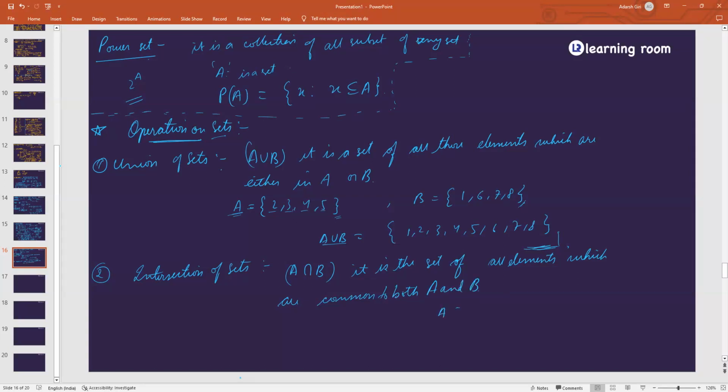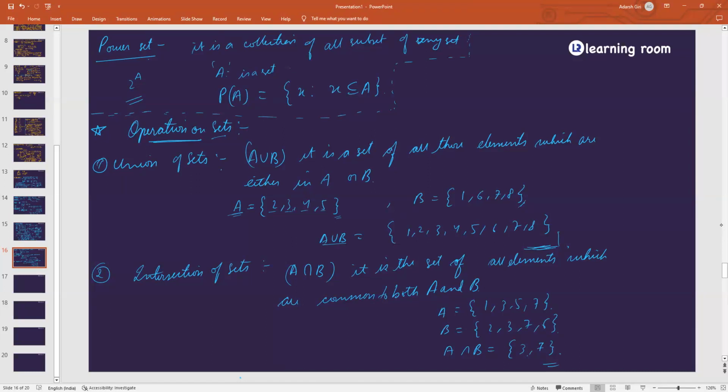For example, if I have a set A: 1, 3, 5, 7, and a set B: 2, 3, 7, 6, what will be A intersection B? 3, 7. Understood, everyone? Yes, sir. Sanjana understood? Yes, sir.